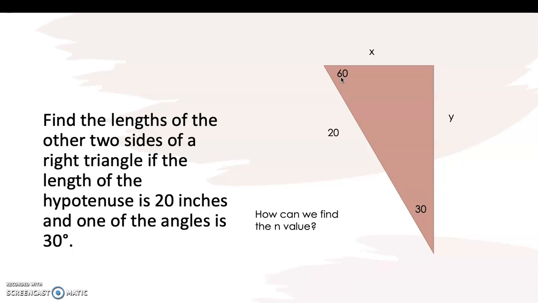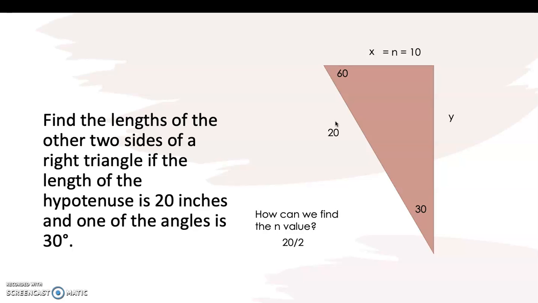How can we find our n value from these numbers? Our hypotenuse is always 2 times n, so 20 equals 2 times n. If our hypotenuse is 20, we can find n by doing 20 divided by 2. Just solving for n, that gives us n equals 10.